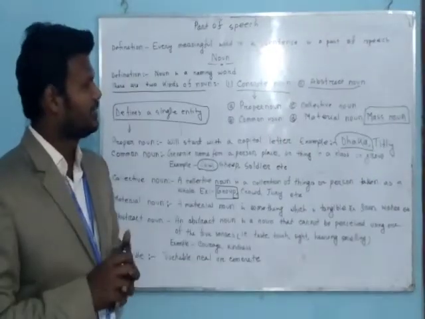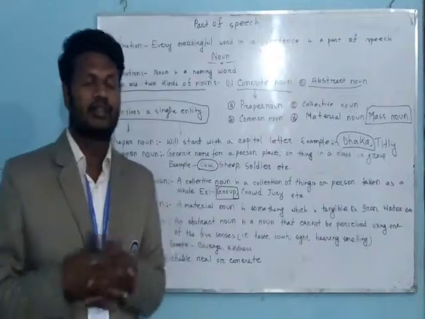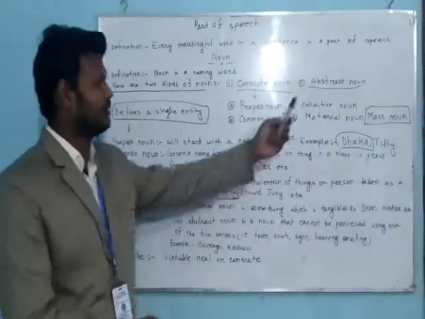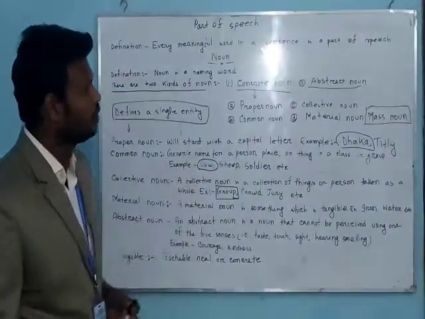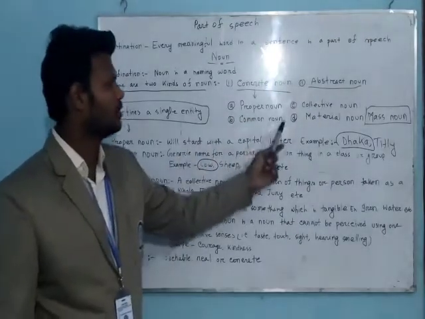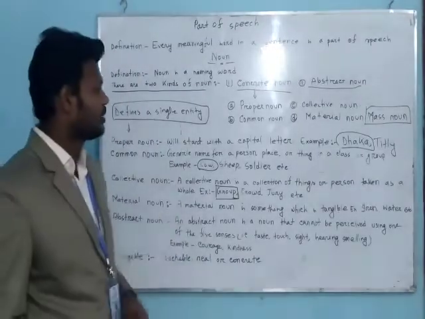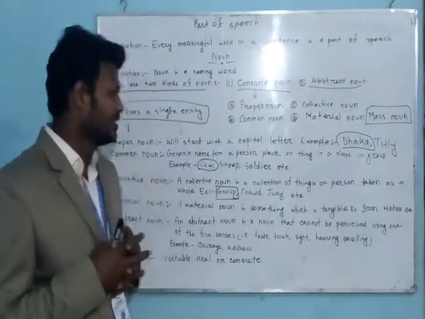So I'm summarizing once again. What is a noun? A noun is a naming word, and there are two types of noun. One is concrete noun, and another one is abstract noun. Concrete nouns are of four types: proper noun, common noun, collective noun, and material noun. A proper noun starts with a capital letter and informs about a single entity.